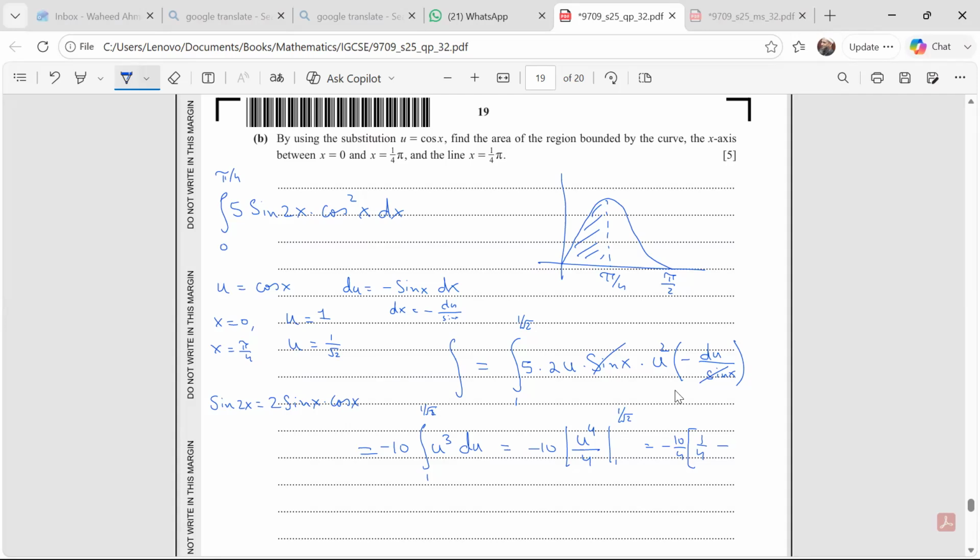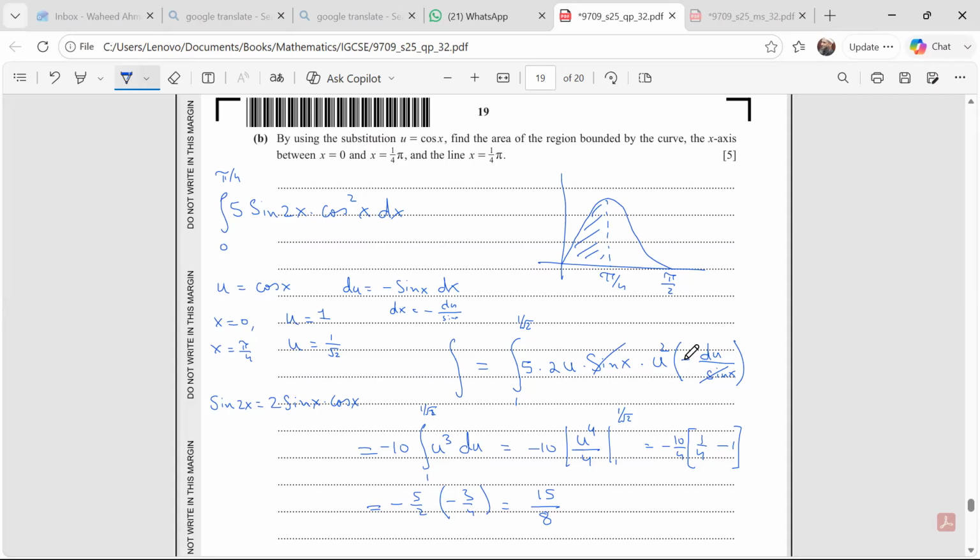Minus, when I put in the lower limit, it is 1. So it is negative 5 by 2, and inside I have 1 by 4 minus 1, which is minus 3 by 4. So the negatives cancel, and that is 15 over 8. This is our final answer.